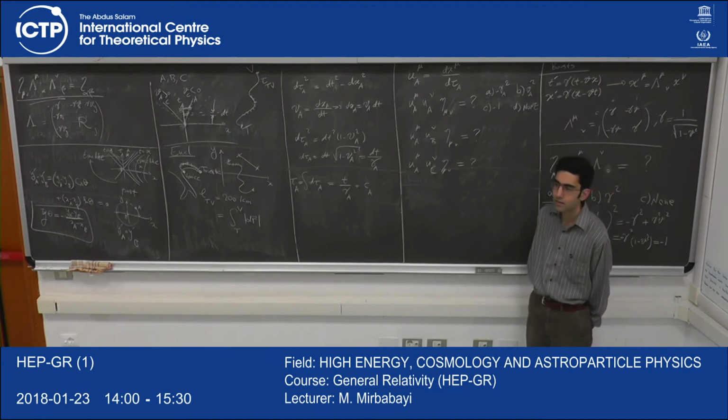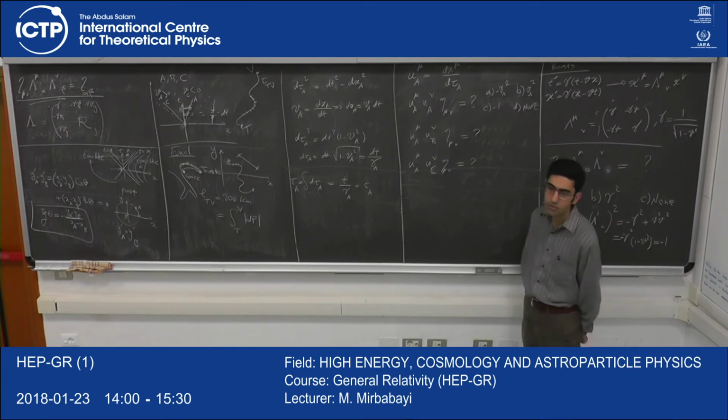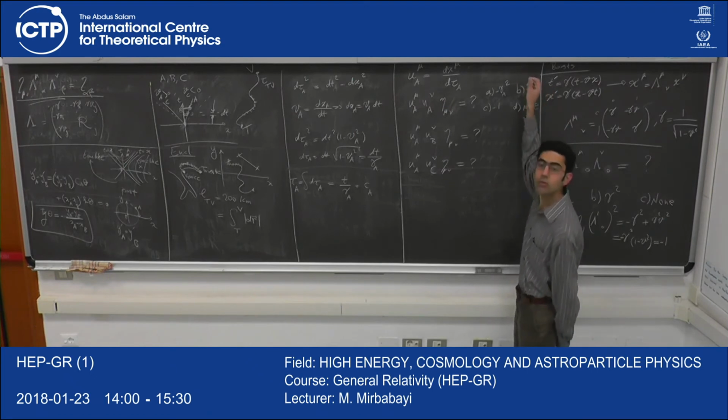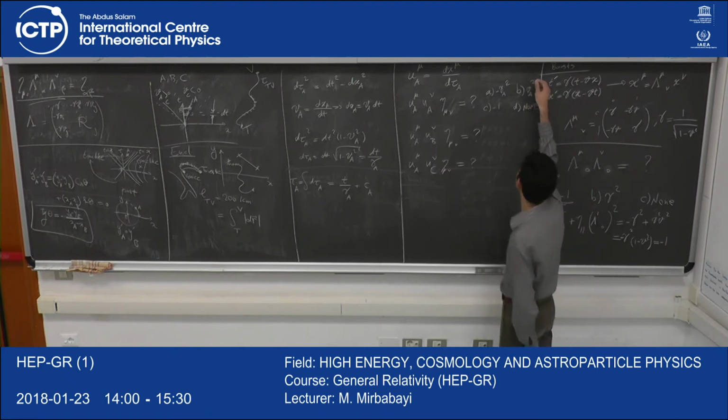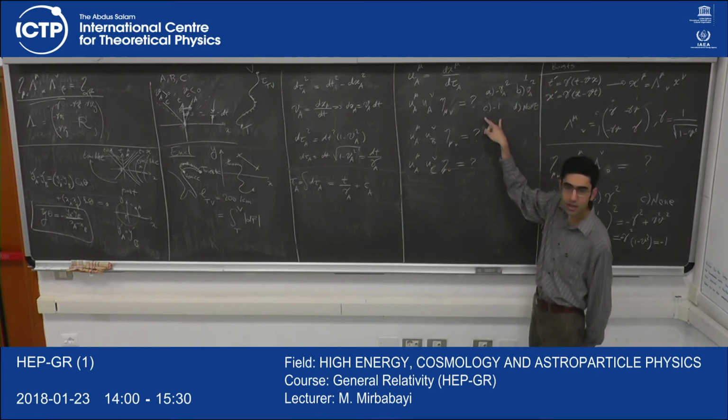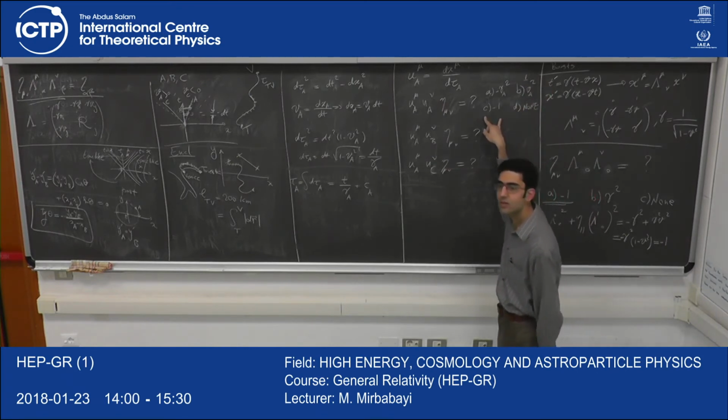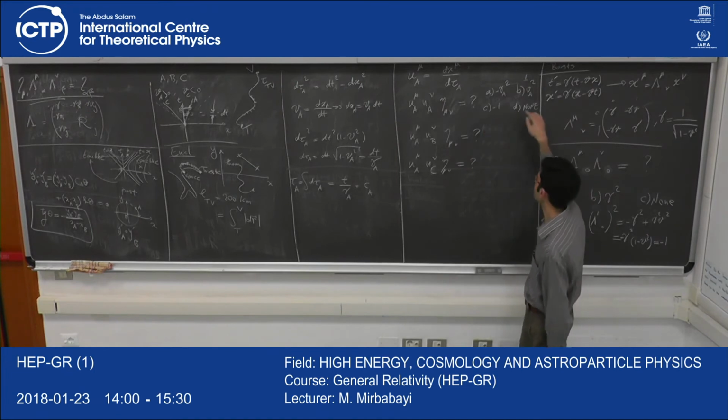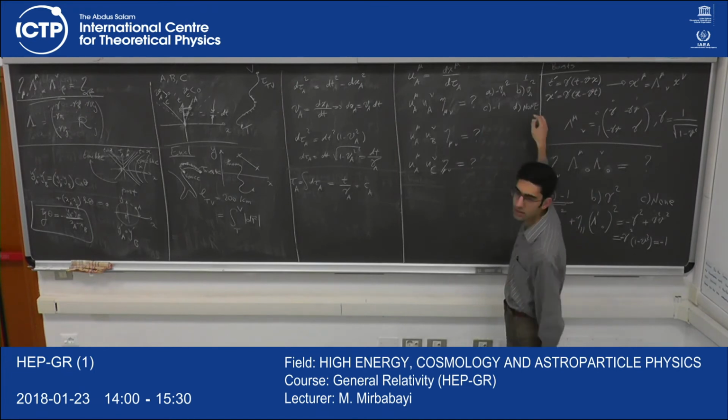Who says A, gamma squared, V squared? Who says minus 1? Okay, almost all. Who says none?